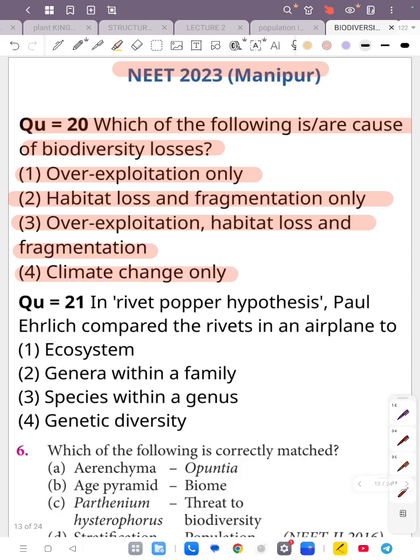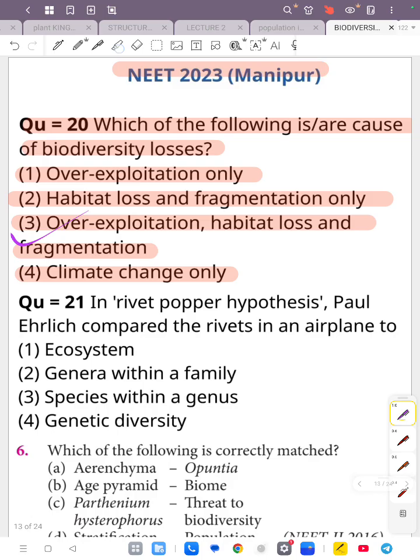Now here, there are four causes that NCERT speaks about when it comes to biodiversity losses. First is habitat loss and fragmentation, then we have overexploitation, then alien species invasion, and the fourth one is co-extinction. So, out of the given options, the most appropriate answer would be option three, overexploitation and habitat loss and fragmentation.